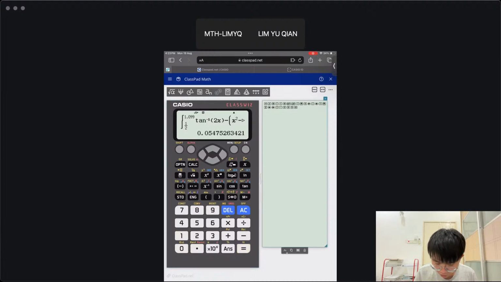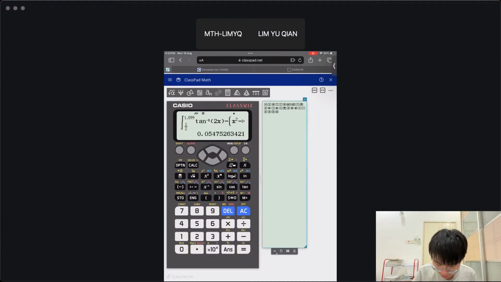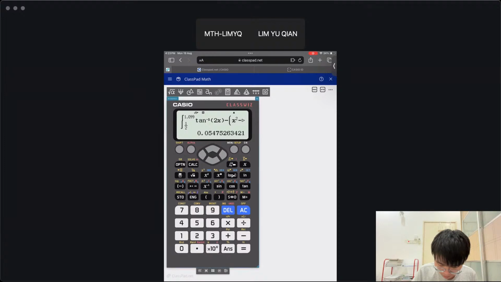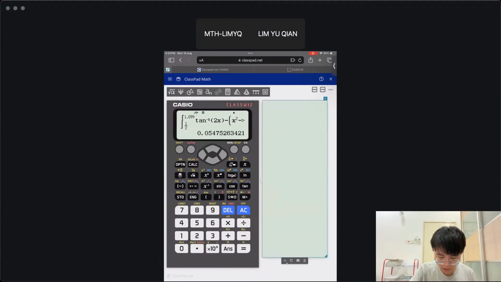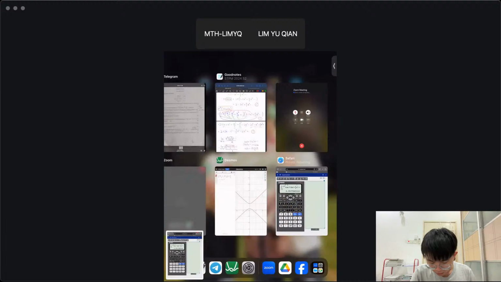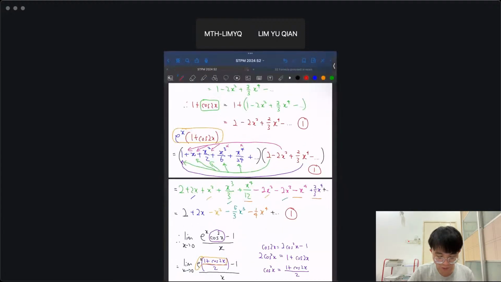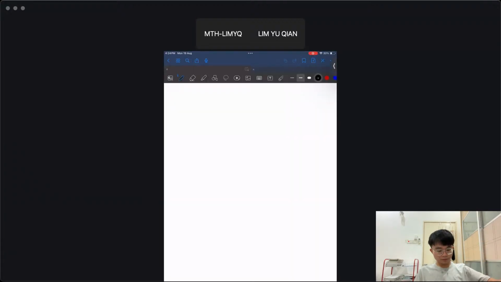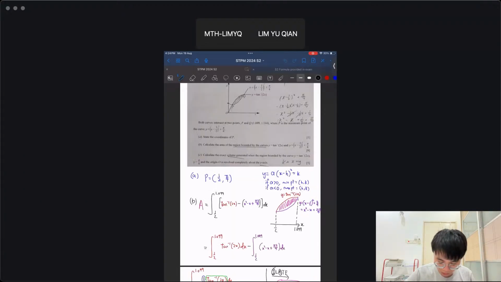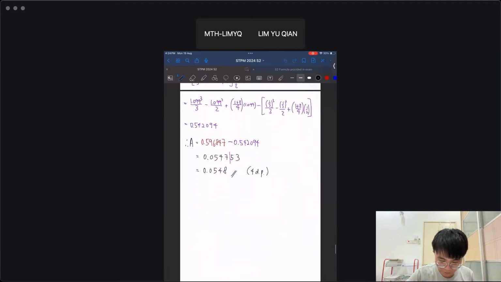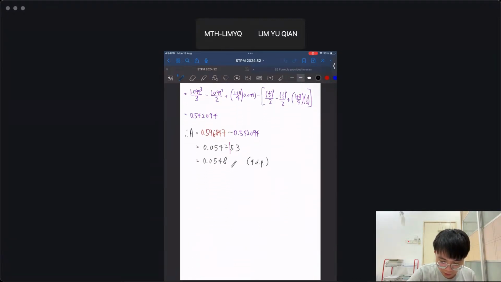So it should equal to this one. Is it correct? I think most probably yes. If we round off, 5.2 is actually quite okay, because what we are getting is 5.3. 5.48.